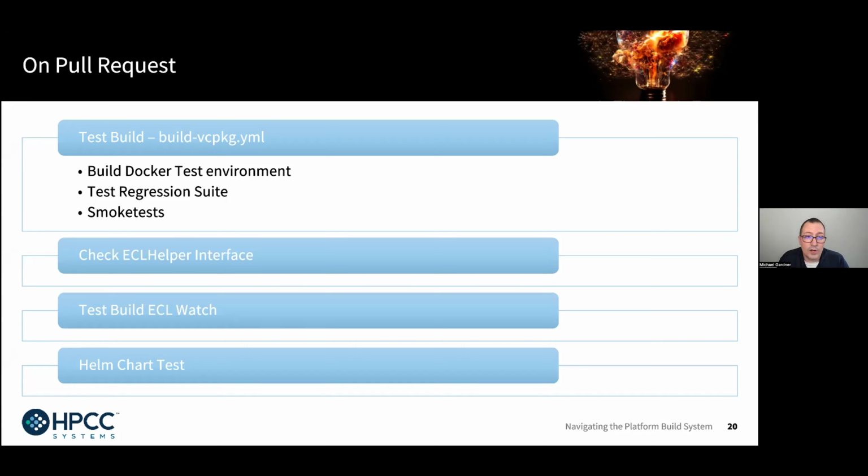It runs a version of the regression suite for us and several smoke tests. Then we have other checks for the ECL helper interface. We run test builds on ECL watch to make sure that no changes cause a failure there, and then tests on the Helm charts.